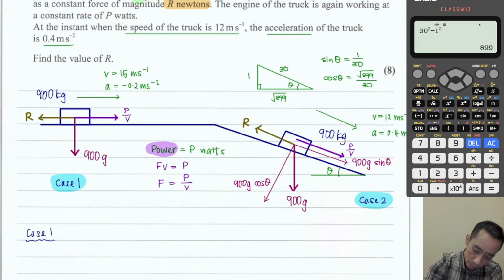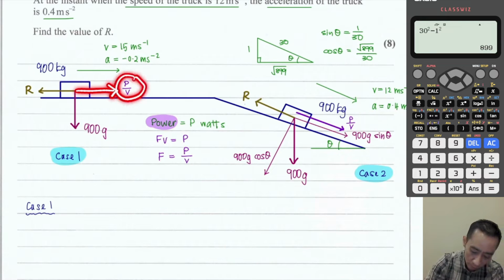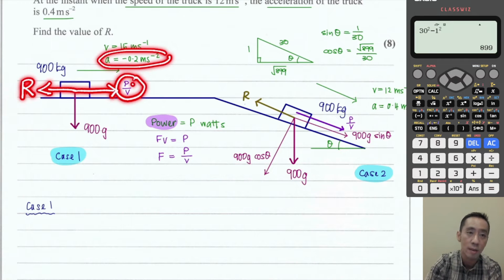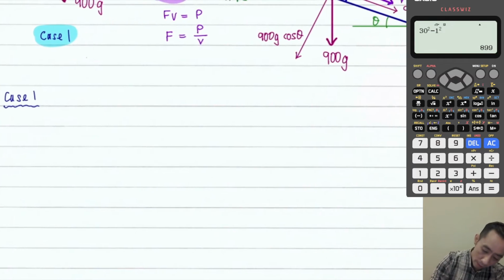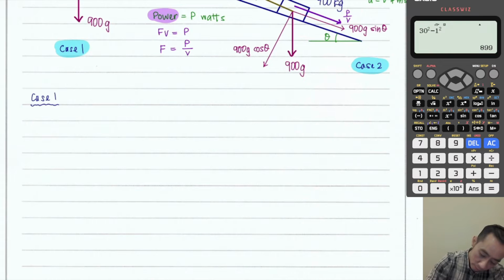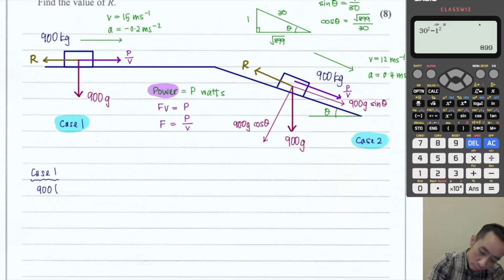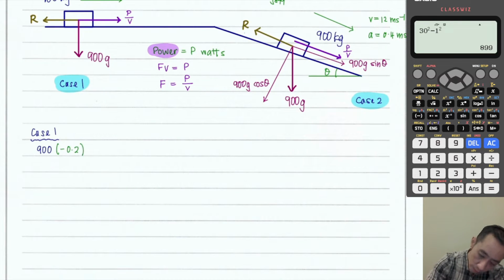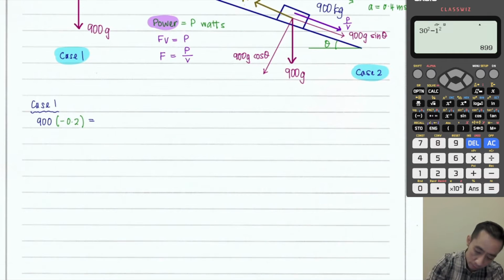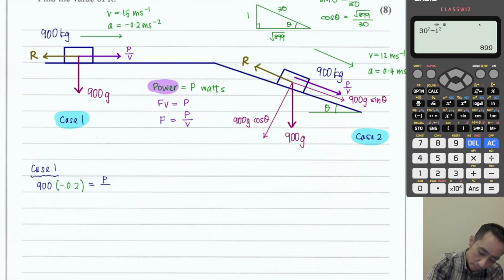We have a force pulling the object in this direction, that is P over V, and the resistance is R. The object is moving to the right, so for the resultant force, N is 900 and the acceleration is negative 0.2, equals P over V. The V here is 15, so P over 15.